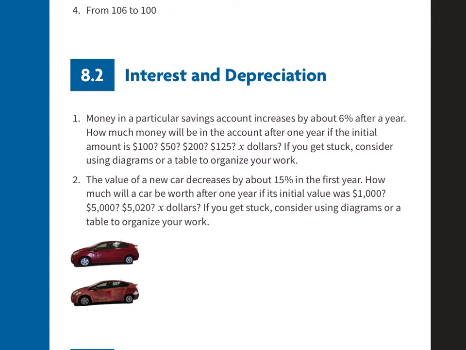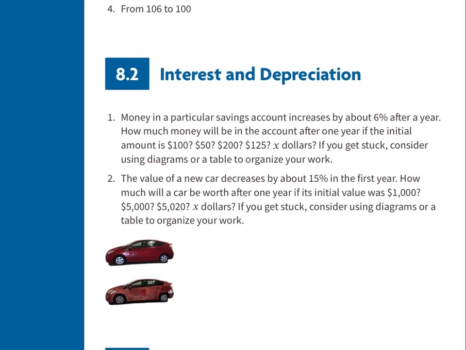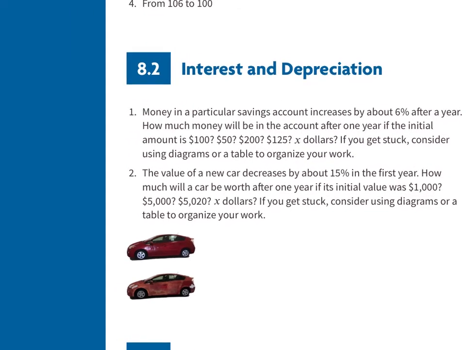So, if we start with 100%, let me move this over a little bit. If we start with 100%, and we increase by 6%, 100% plus 6 more percent is 106%. So all we really need to do is take 106% and multiply it by all of these numbers right here.